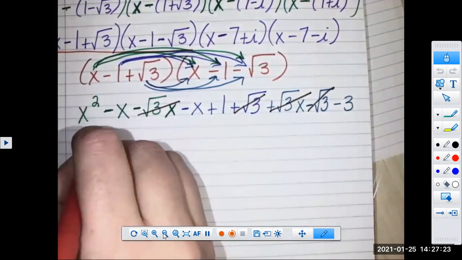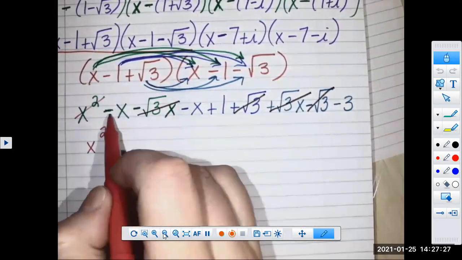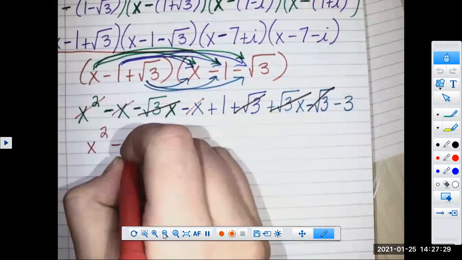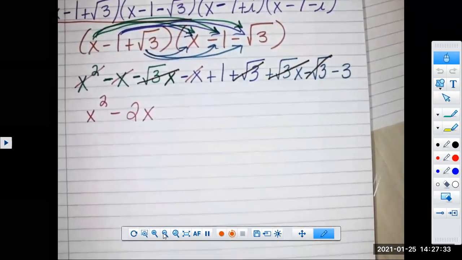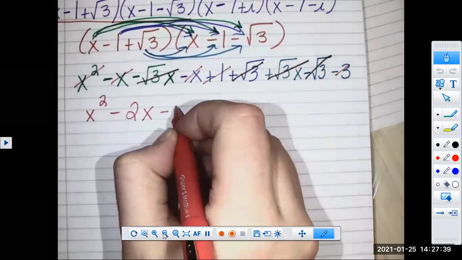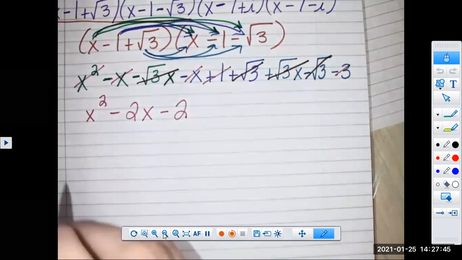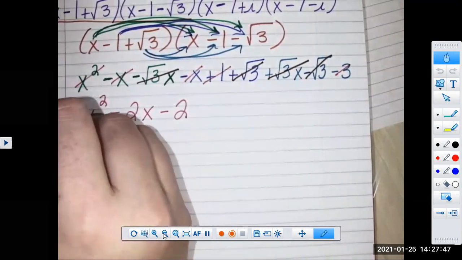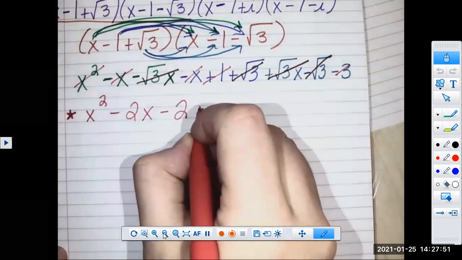We have x squared, and then minus x will give you -2x. And then 1 minus 3 is -2. So that definitely looks a lot better than x minus 1 plus √3. Okay, so that's our answer from multiplying the first two things. So put a star by that or something. You'll need that in a minute.